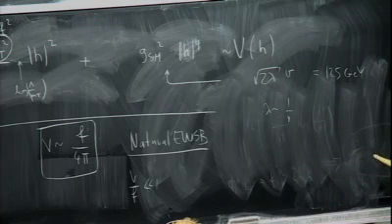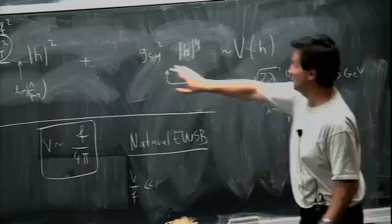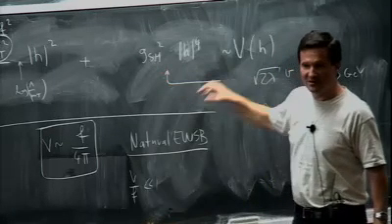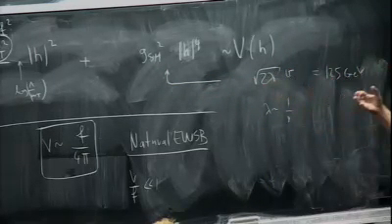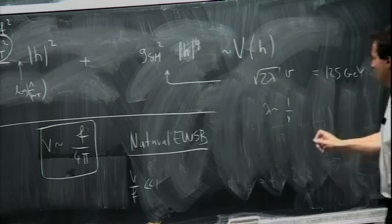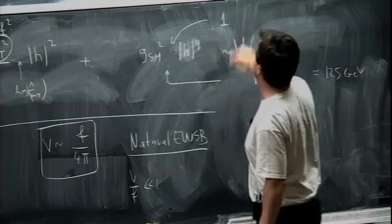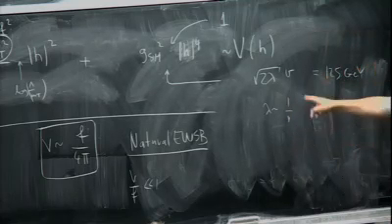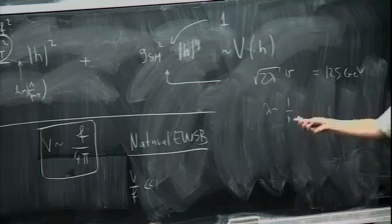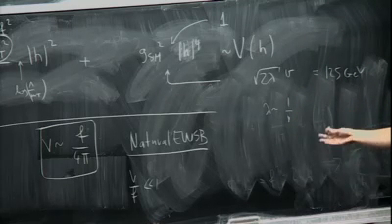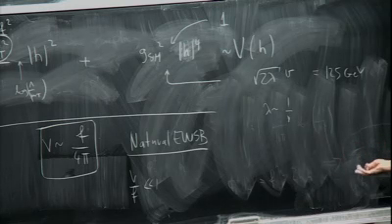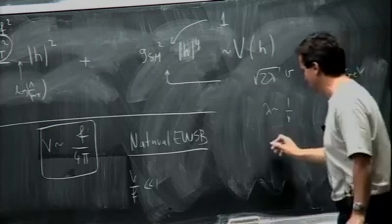But the upshot is if you put 1 here, you will get something that is a little bit too heavy. If you put the quartic to be truly 1, you will get, I don't know, root 8 times what the mass of the Higgs actually should be, so you will get something like 300 GeV.